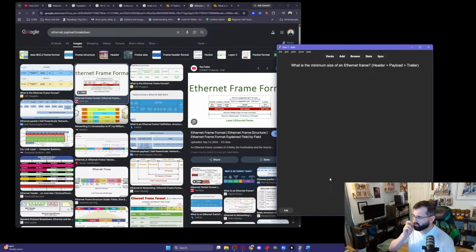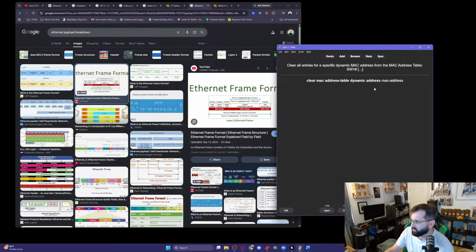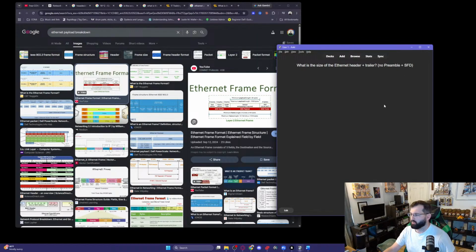What is the minimum size of an Ethernet frame? 64. Clear all entries for the specific MAC address. Clear MAC address table, dynamic address, and then you say the address. What is the size of the Ethernet header plus trailer, no preamble?